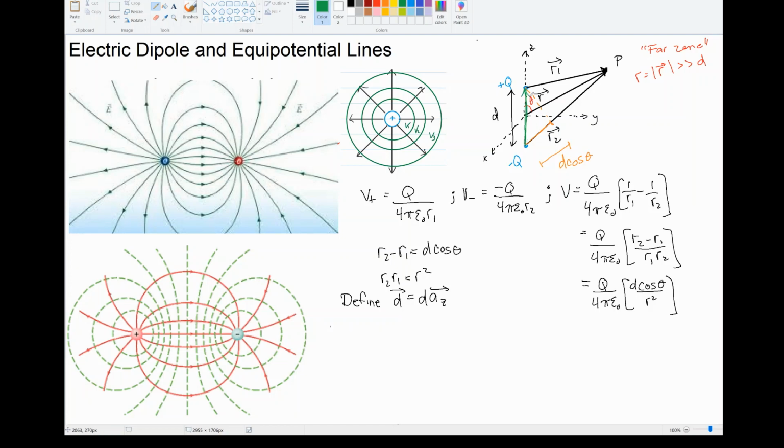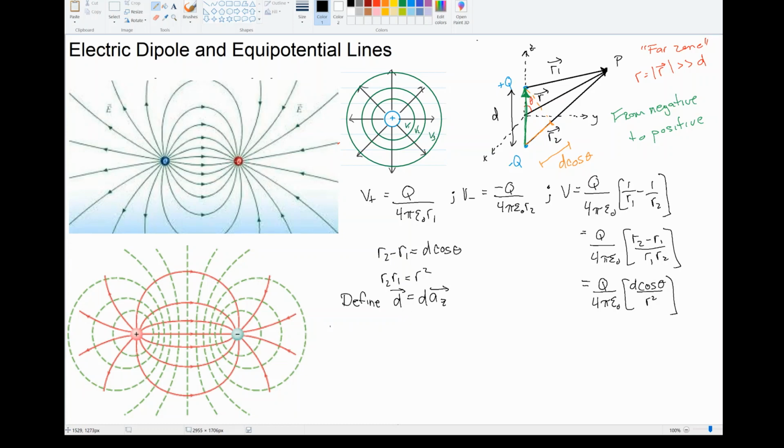In this case that happens to be AZ. But in general it's along the dipole axis, and it goes, and this is important, from the negative end of the dipole to the positive end of the dipole. So that's how we're defining this distance vector, related to the dipole. That's a property of the dipole.